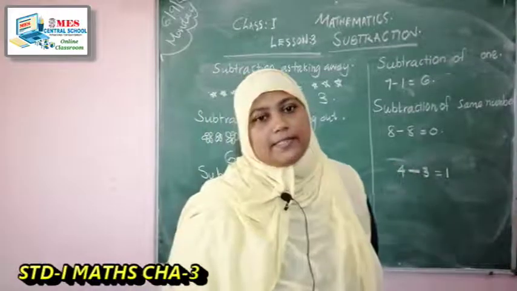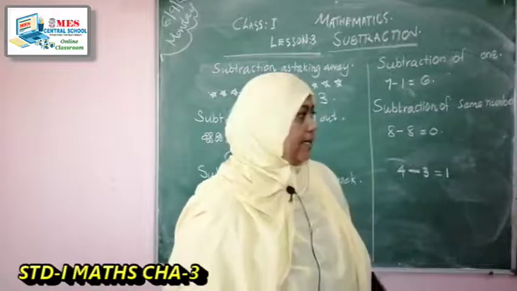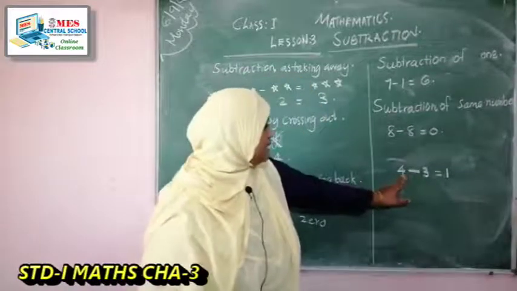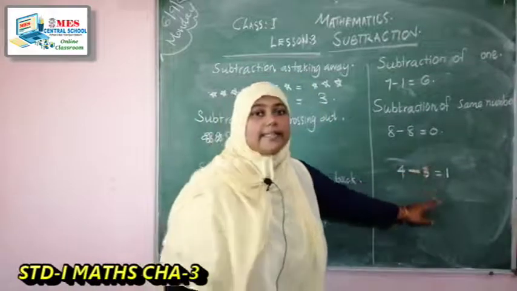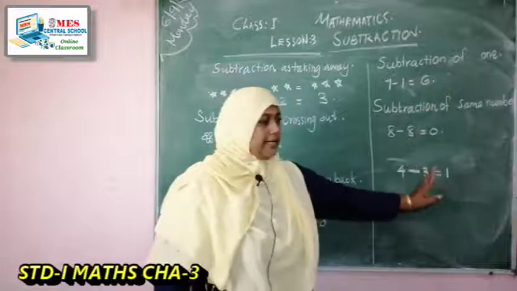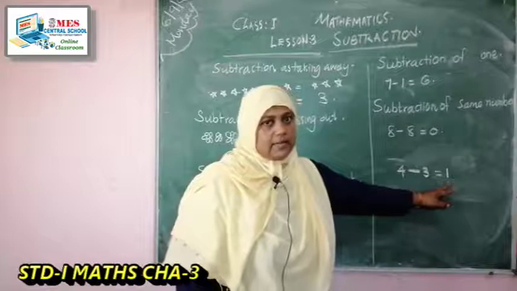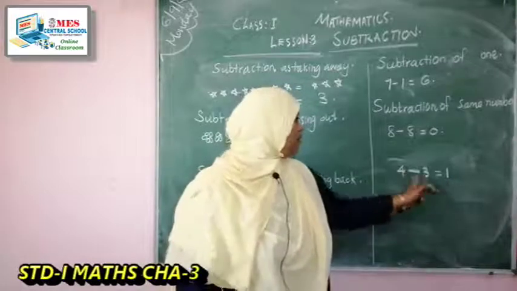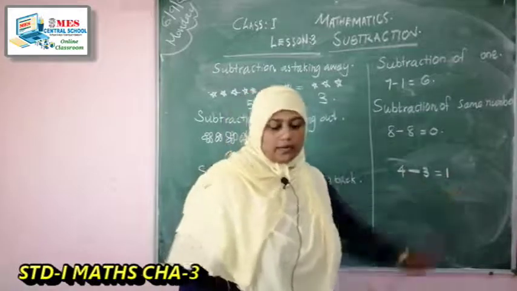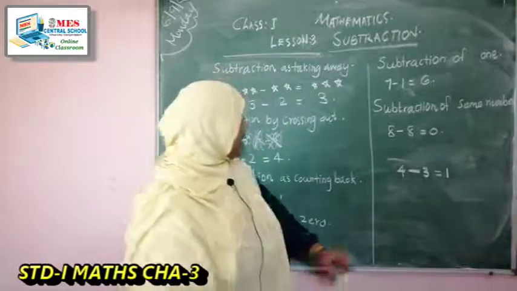D-I-F-F-E-R-E-N-C-E, difference. Do you know the spelling? This is read as 4 minus 3 is 1. Here what is the difference? 1 is the difference. So the difference between 4 and 3 is 1. That is the take away.